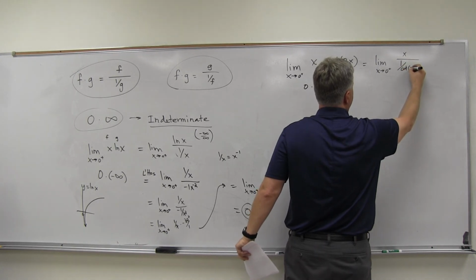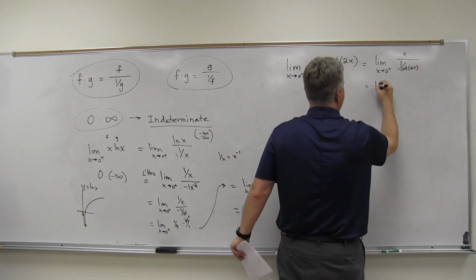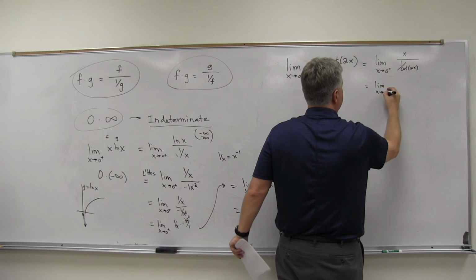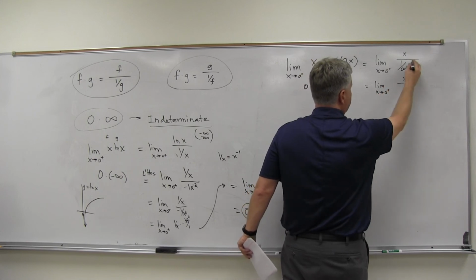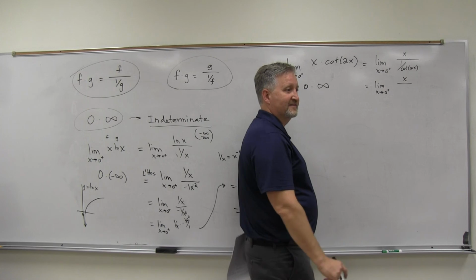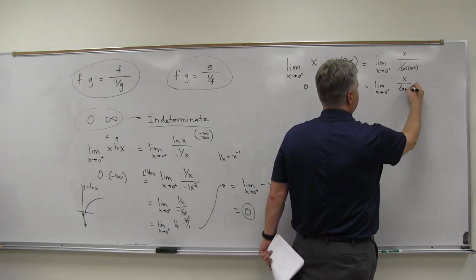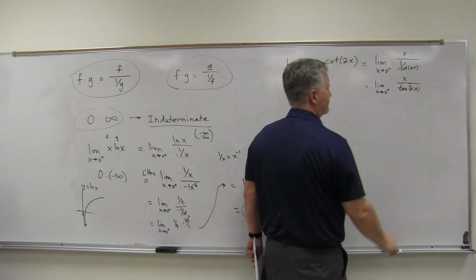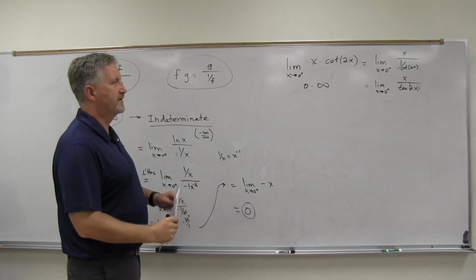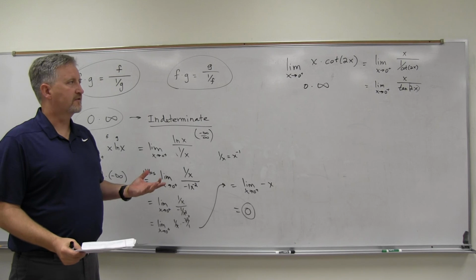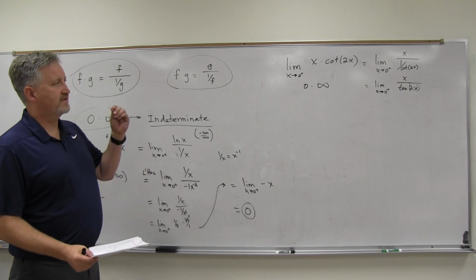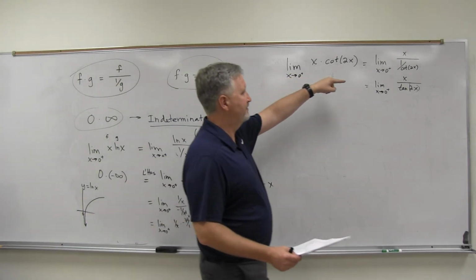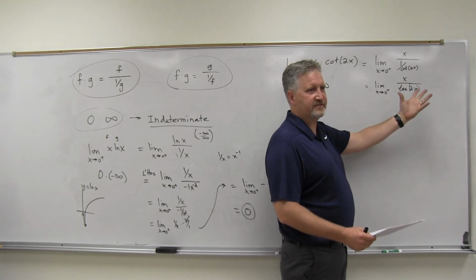The reason this works out is that 1 over cotangent is tangent. So that's x over tangent of 2x. I guess we could have thought about that anyway. Which works out to be, that's 0, and tangent of 0 is 0. That's 0 over 0.